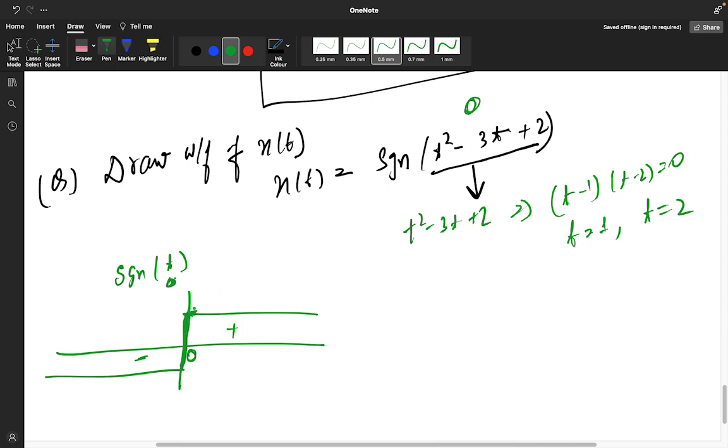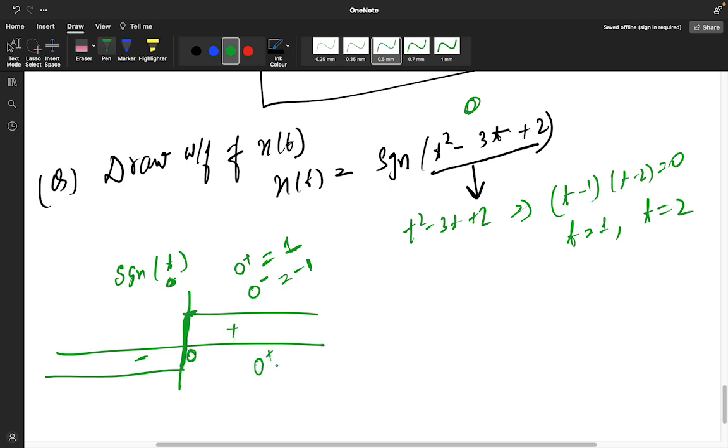At 0 plus, what value are you getting? Suppose this is signum only. At 0 plus you get 1, and at 0 minus you get minus 1. So what is the value at 0?